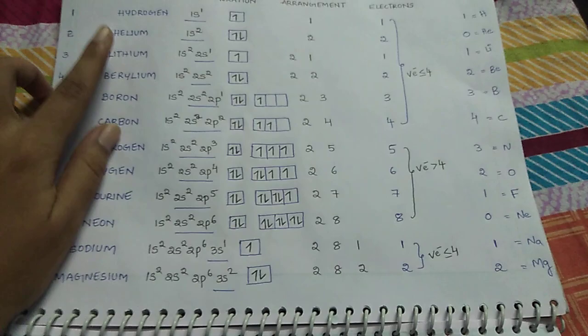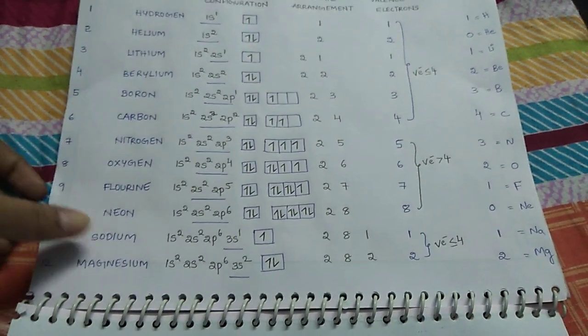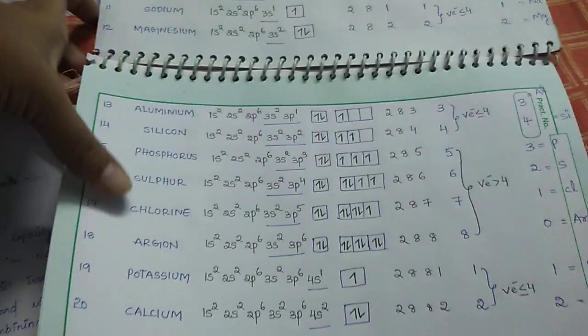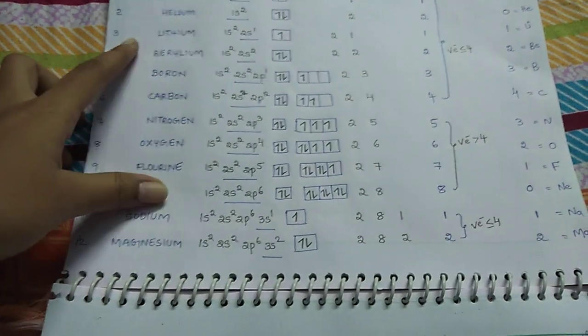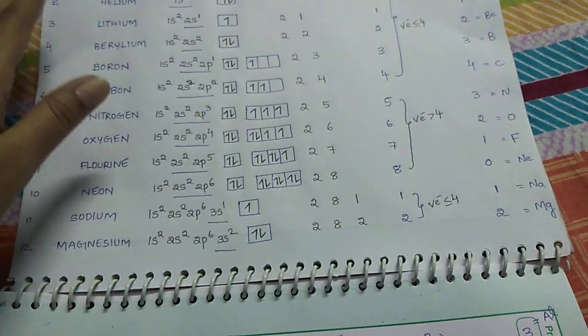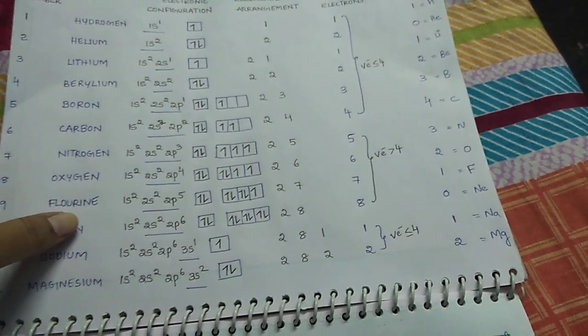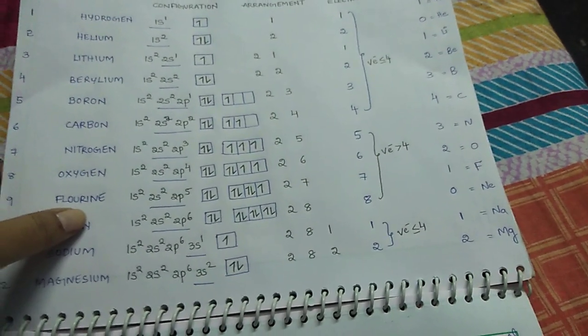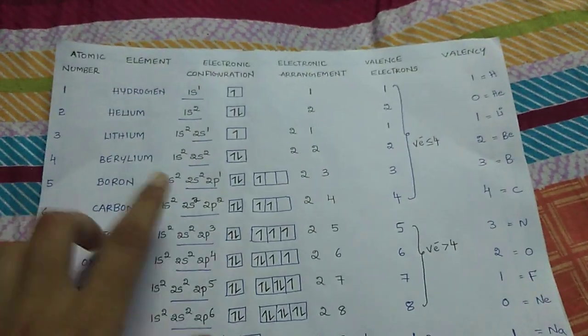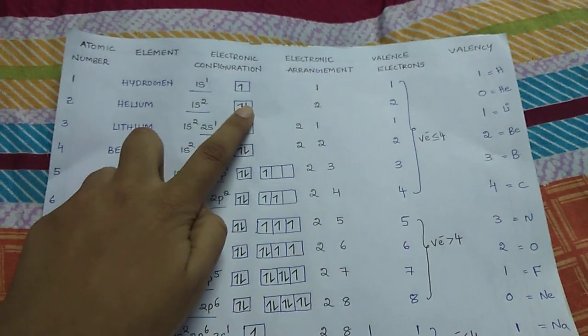And there is one exceptional case, the inert gas elements. Here you can see helium, neon and argon. So helium, neon and argon come under the inert gas elements. So they have zero valency. Why do they have zero valency? Because for helium, the outermost orbital is completely filled.